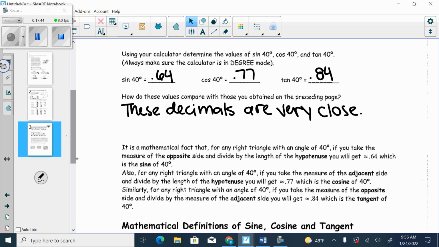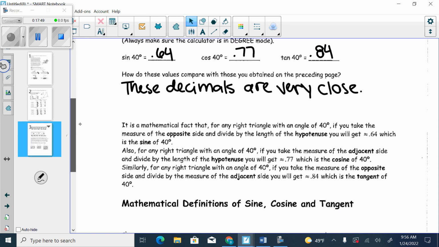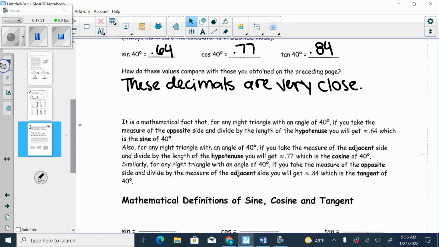And then they tell us why that is. It is a mathematical fact, so it has been proven that anytime you have a right triangle and it has an angle of 40 degrees, if you take the measure of the opposite side and divide it by the hypotenuse, then you're going to get 0.64 about.